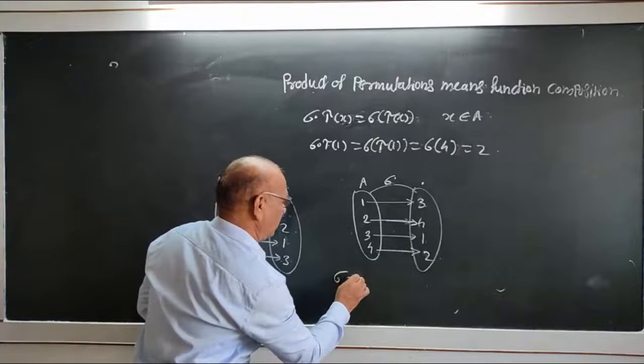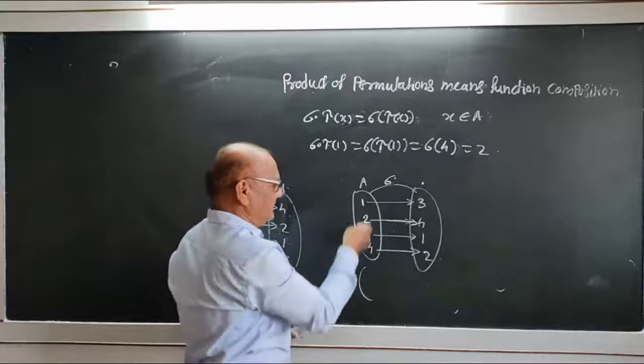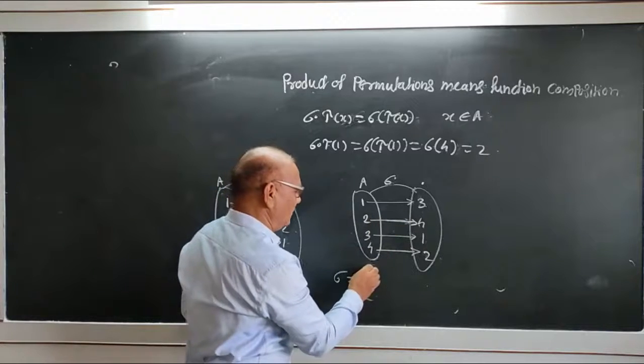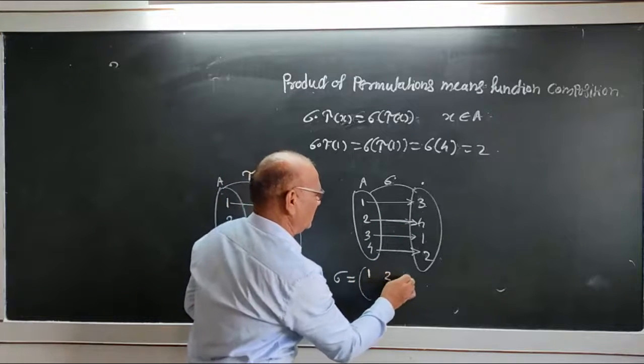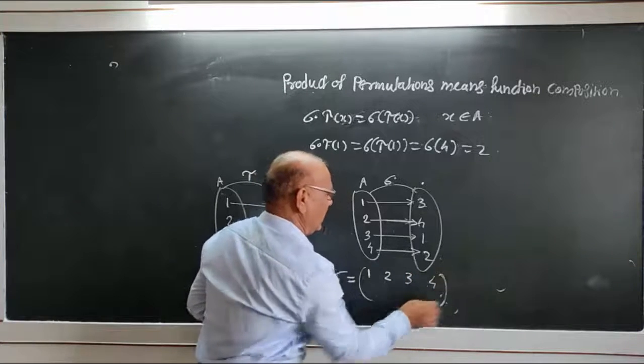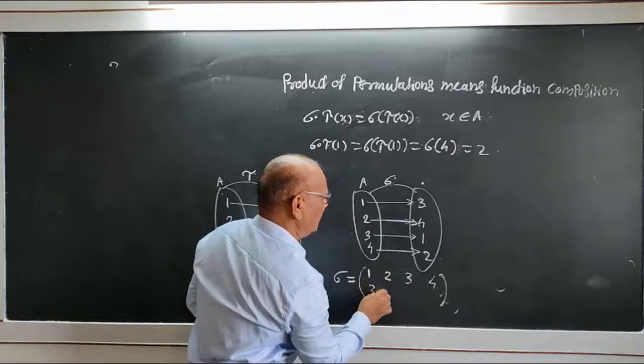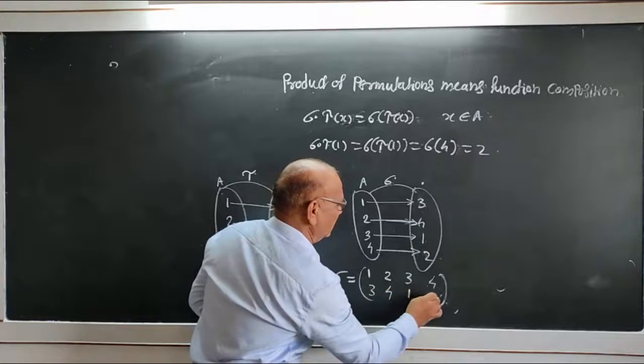Sigma can be denoted as: the first column converted into a row 1, 2, 3, 4, and the other column 3, 4, 1, 2.